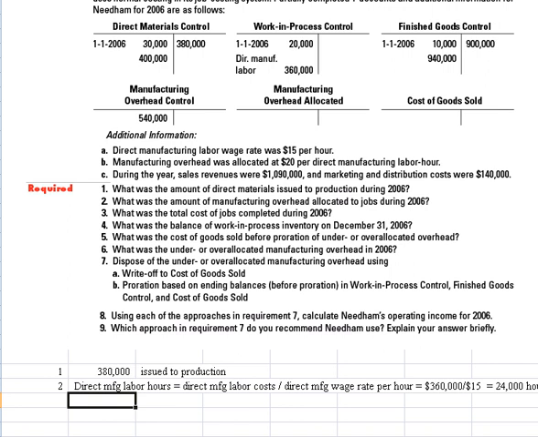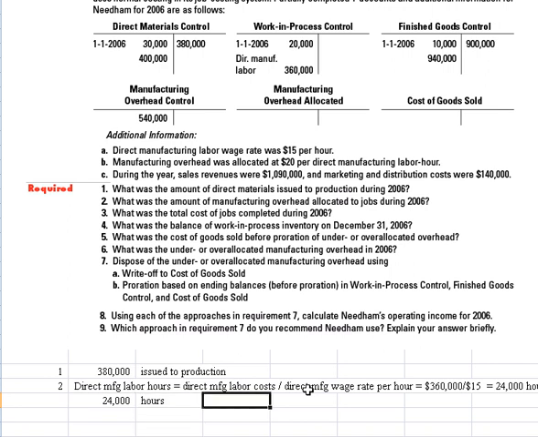Now, if we know that that's 24,000 hours and they allocate manufacturing overhead at $20 per direct labor hour, just to show the math, I'm going to type in the 360,000 divided by 15. It gives us our 24,000 hours, right?